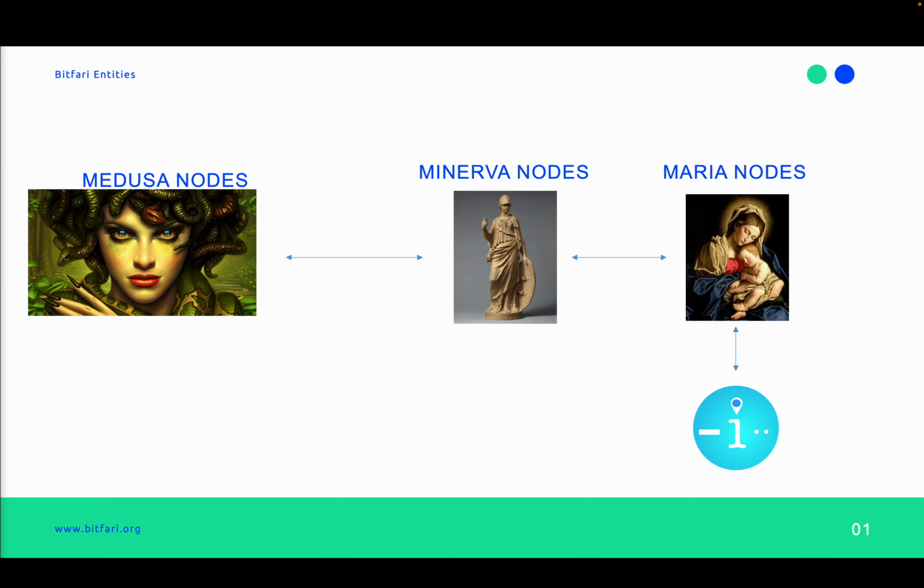But the most common case is to have different nodes: Medusa nodes, Minerva nodes, Maria nodes. Some of the code of Medusa is on the client, so the client has your GPS location and whatnot. Some of the code of Maria is still cloud-based. We are working on decentralizing some of that code, some of the code of the bridge, and then all of this eventually connects to the Fari blockchain and Stacks.